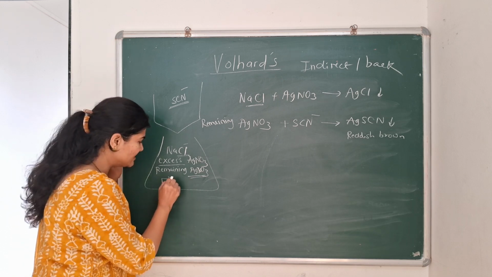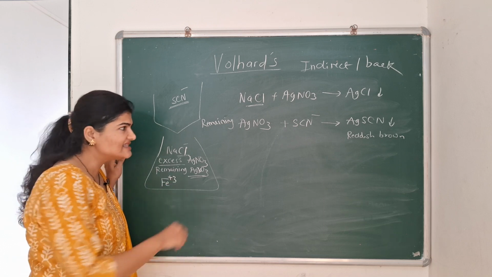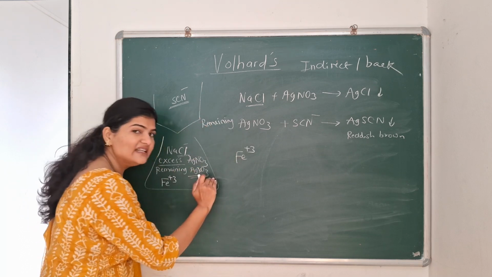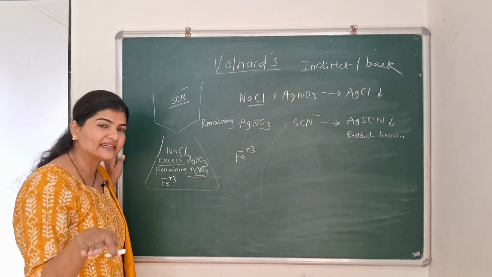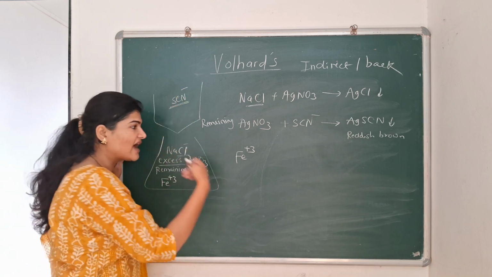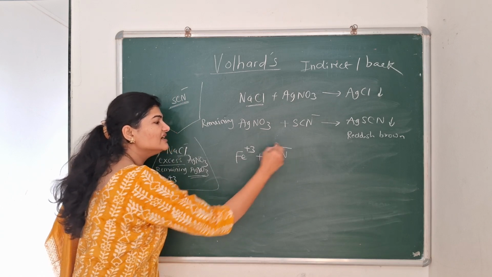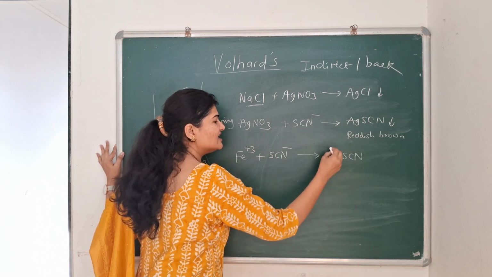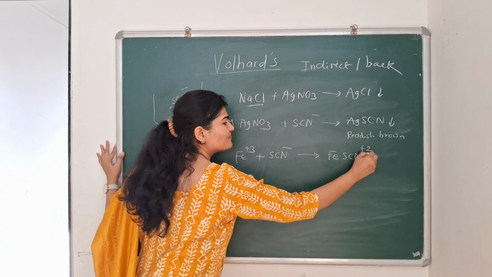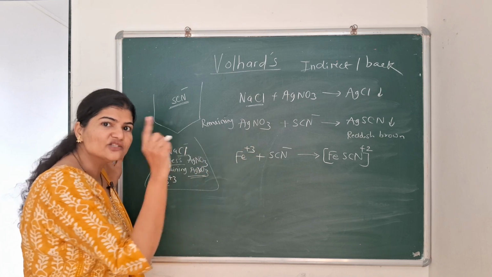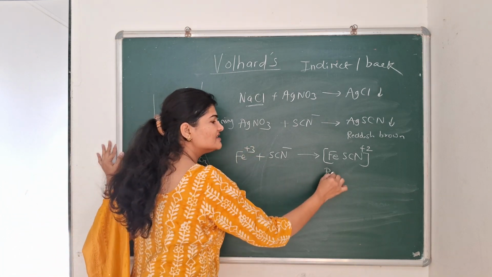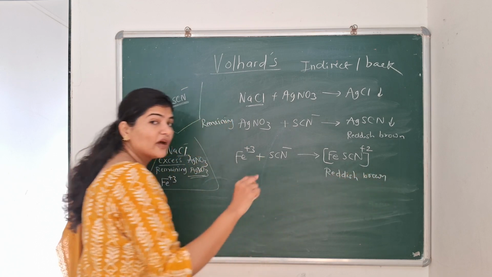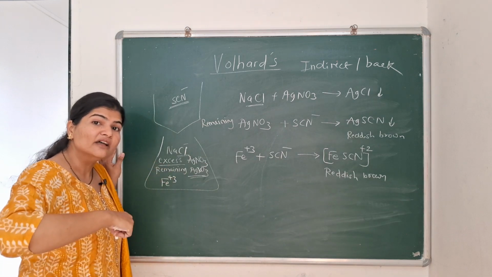So ferric ions, Fe+3, will act as indicator, and what will happen is once all the remaining silver nitrate is also completely reacted, the excess drop of thiocyanate will now react with the indicator ion to form a complex ion like this, ferric thiocyanate +2. So this complex which is formed is a soluble complex, and it gives the solution a reddish brown color. Now the reddish brown color is imparted to the entire solution.